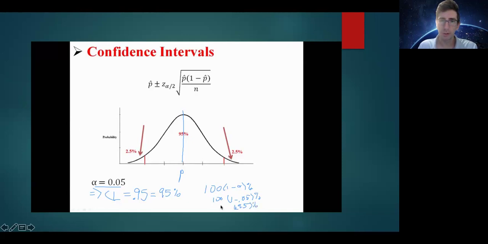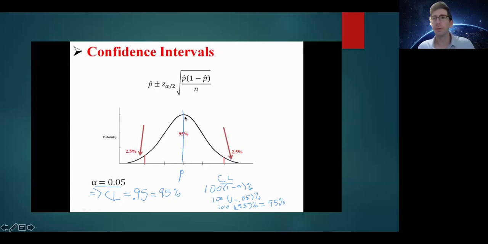You multiply 0.95 by 100, that just moves the decimal over 2 places to the right. And so we know our confidence level is equal to 95%, right? So alpha will probably be given to you in the decimal format. So it's basically just converting that. You take 1 minus alpha to get the 0.95, convert it to a percentage. In this example, our confidence level is 95%.